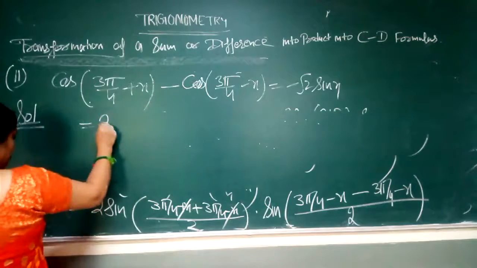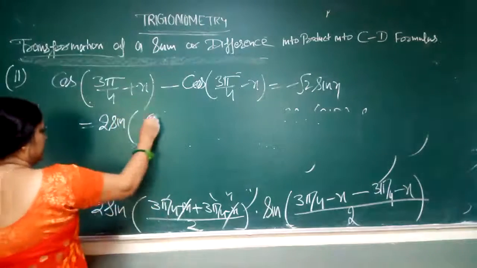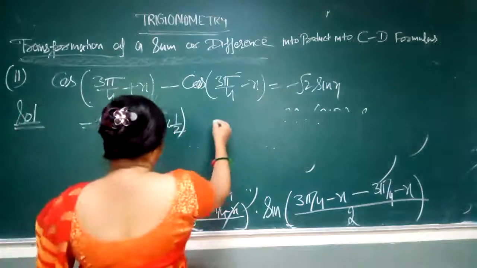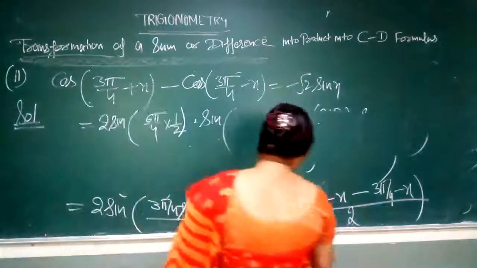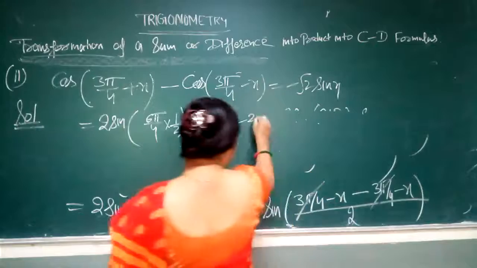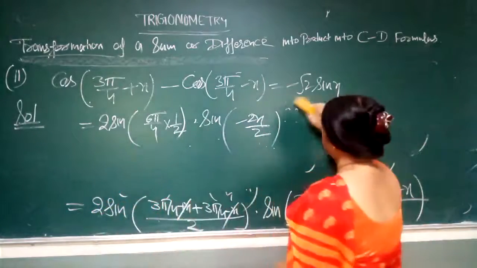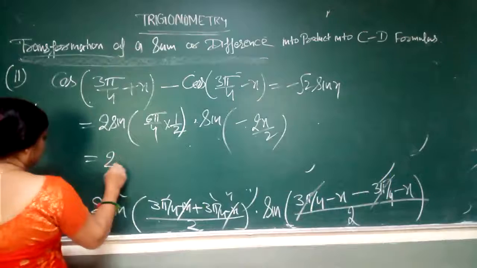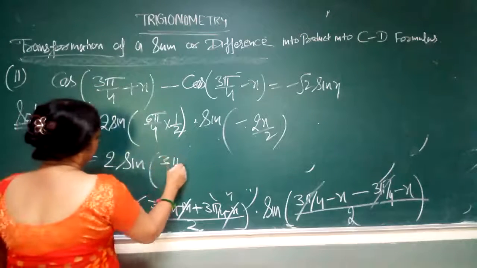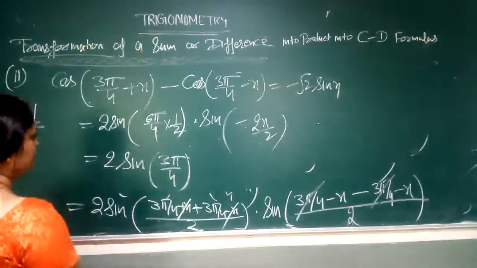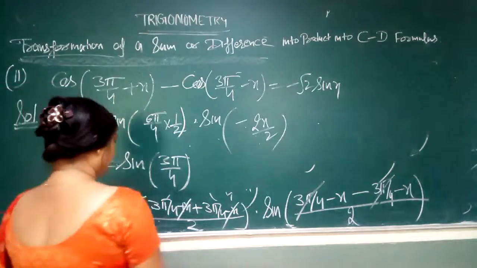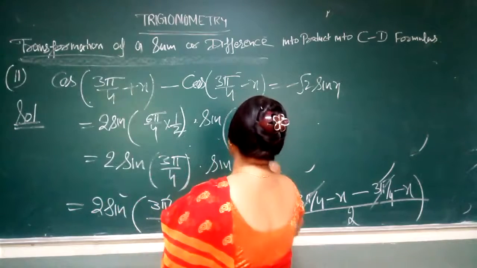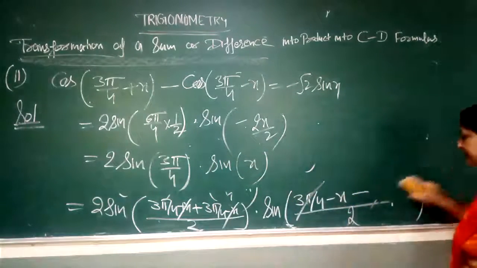What is coming here? 2 sin 6 pi by 4, and 2 by 1 we can write as 1 by 2, so sin 3 pi by 4. Now in the second term, 3 pi by 4 minus 3 pi by 4 cancels, and minus 2x upon 2 will come, that is minus x. So 2 sin 3 pi by 4 into sin of minus x.